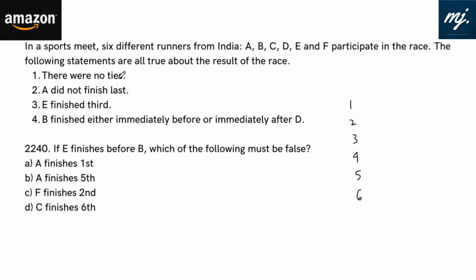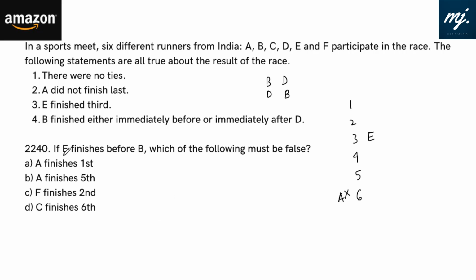There were no ties. Good. A did not finish last. At the 6th position we don't have A. E finished third. Confirmed. B finished either immediately before or immediately after D. That means it would be either BD or DB.